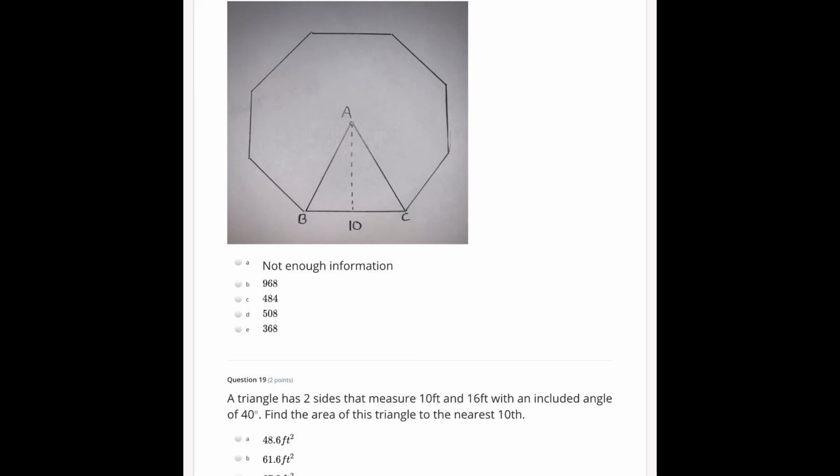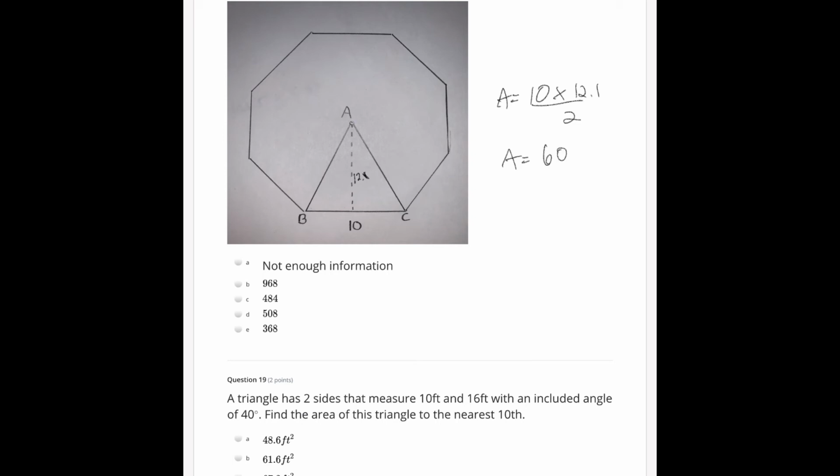All right. 18. In the regular octagon below, what would the area be? Okay, so this is the same. Our height was 12.1. So the area of this triangle would be my base of 10 times 12.1 divided by 2. So that is 10 times 12.1 divided by 2.